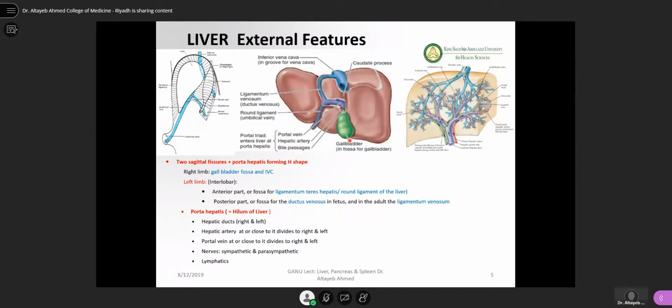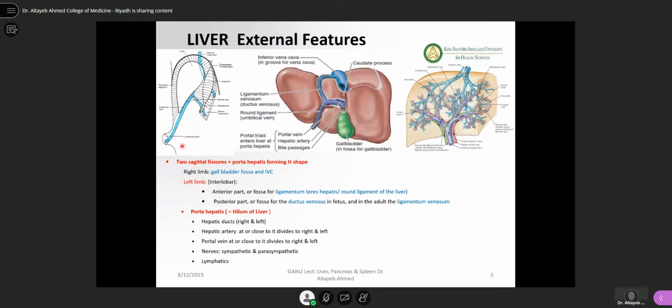This H-shape has an anterior stem, right, which is the inferior vena cava. Posteriorly, or inferiorly, we have the gallbladder. Here we have ligamentum venosum, which is a remnant of the ductus venosus. And here we have the ligamentum teres hepatis, which is a remnant of the left umbilical vein. And here the H cross bar or transverse stem represents the porta hepatis area.